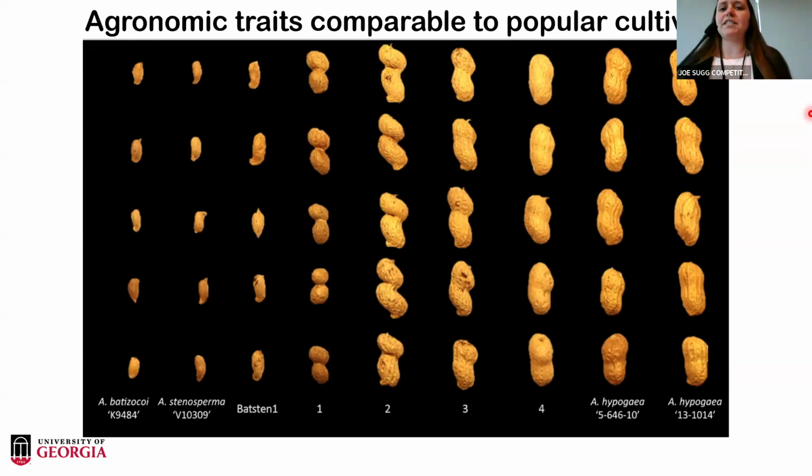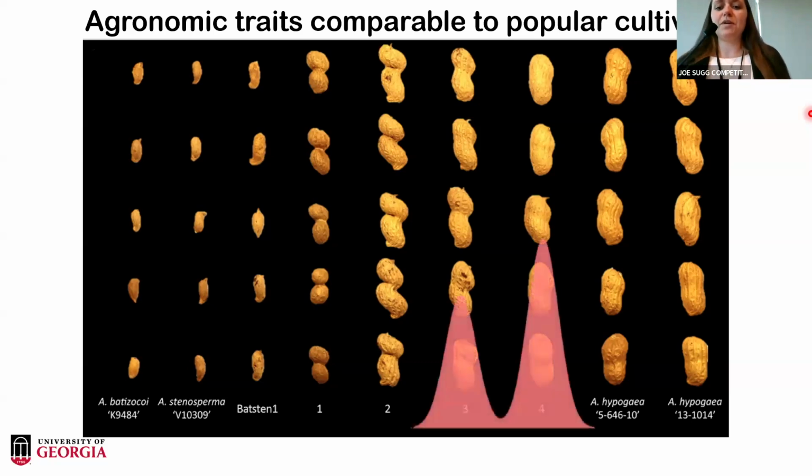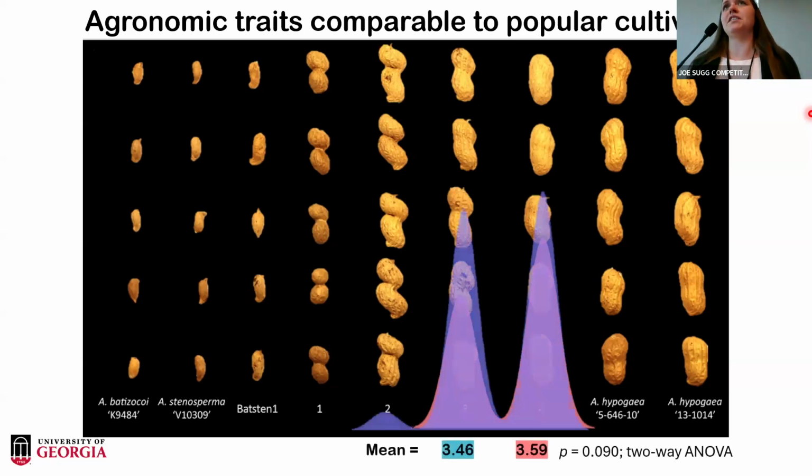What we really want is something like the cultivated species, which is what processors and manufacturers expect. So when we plot the cultivated pods on this scale, they all score as a 3 or a 4. This is a density plot. And when we scored our backcross lines, we saw a very similar density plot with means that were not statistically significantly different.